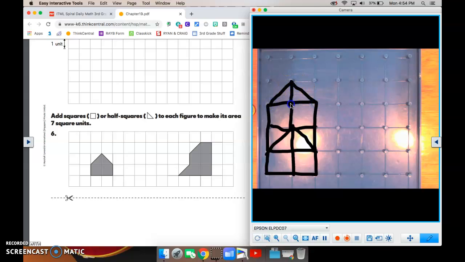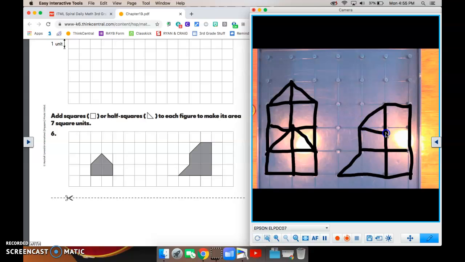Now there's so many different answers on here. You could choose a ton of different ways to do this. This comes over 1, 2, 3, comes back, up, back, over, all the way back down. The problem on the other side of the paper looks about like this. So right now we have 1, 2, 3, 4, 5, 5.5, 6.